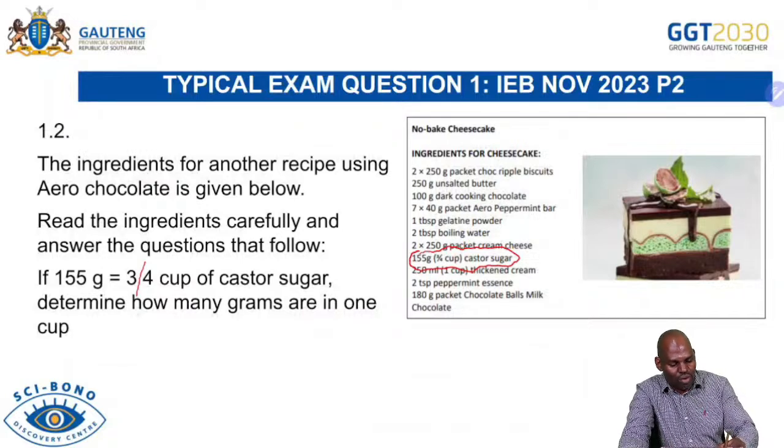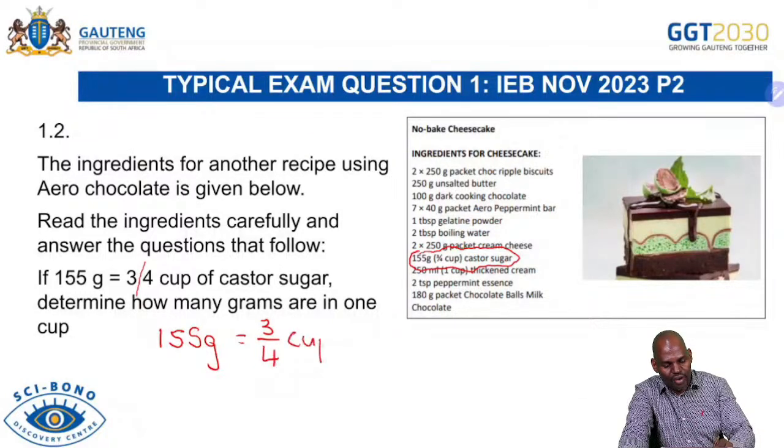Okay, now 3/4 of a cup. So in this case we've got 155 grams. We know that it's equal to 3/4 cups, or 3/4. It's equal to 155 grams.